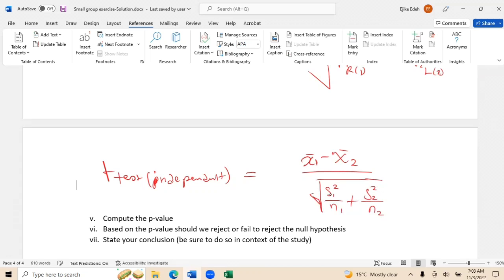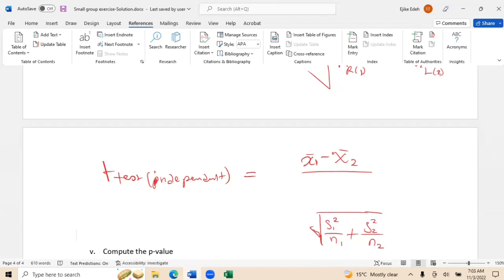The square root of all of that is your denominator, okay? So let's go ahead and move on here.